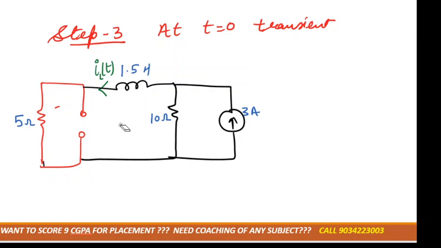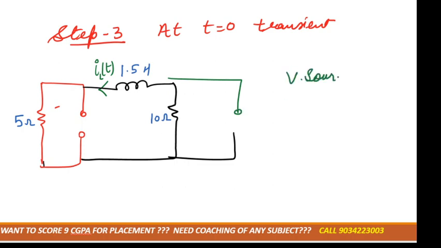Open, right? And for this step, if there is a current source it will behave as an open circuit. Remember, if there is a voltage source, then for calculation of R equivalent, the voltage source must be short circuit, and if there is a current source, that must be open circuit, right?